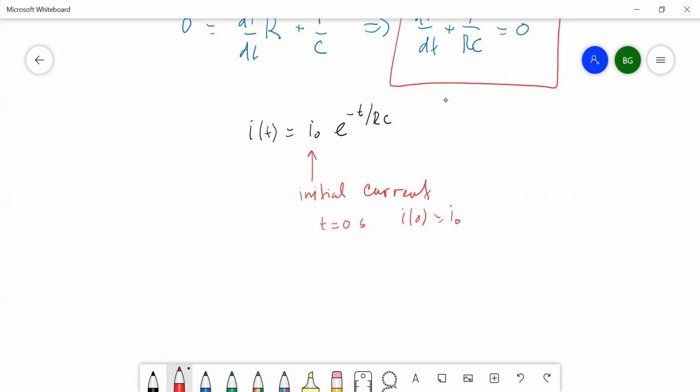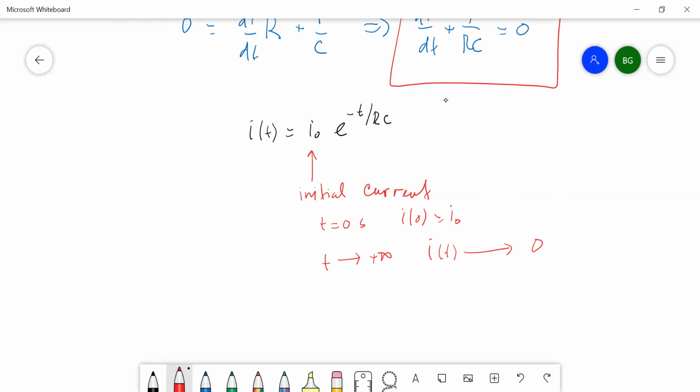So you see that at t equals 0, we have I0. But if we take a very long time, meaning t goes to infinity, this I(t) will go to 0.